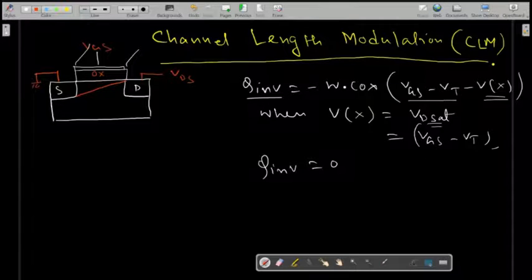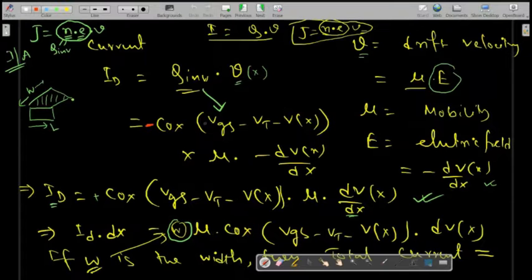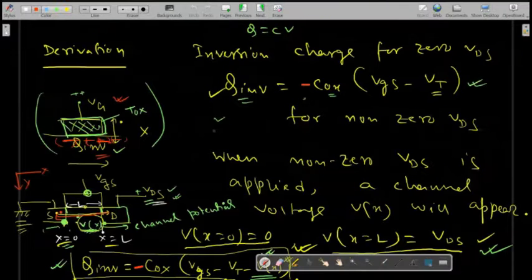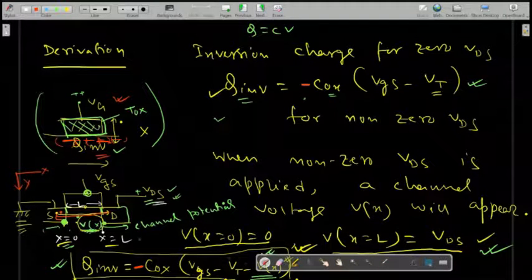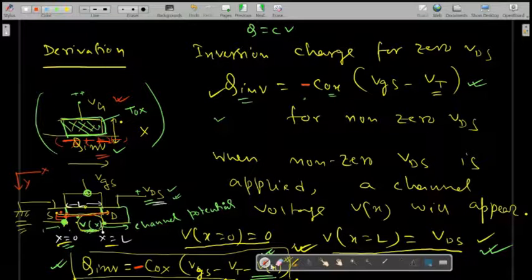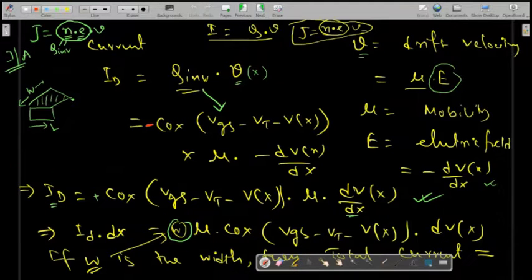But when you move from X equal to 0 to X equal to L, the value of V of X increases in this direction, and as a result Q inversion will fall. Just see the basic equation we have: when Vx increases, Q inversion will fall.